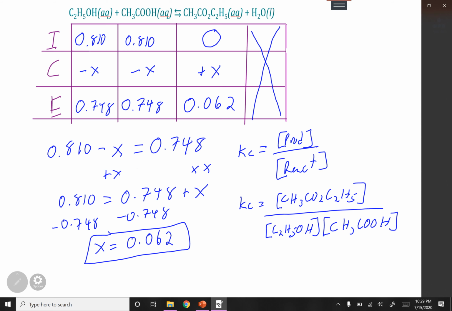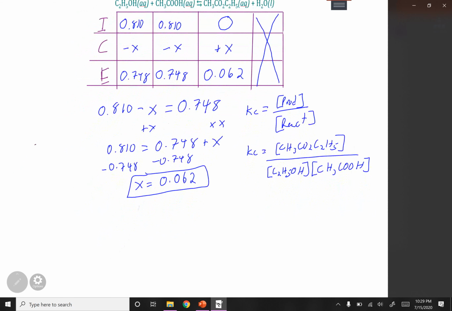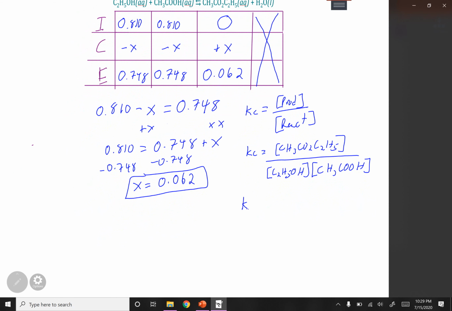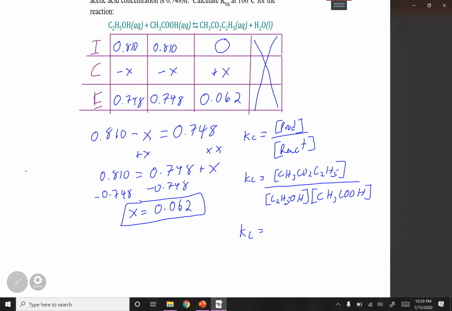So now all we have to do is just plug in our numbers. So we'll say that Kc now is equal to, and we're just coming straight from our ice table, 0.062 divided by 0.748 times 0.748.